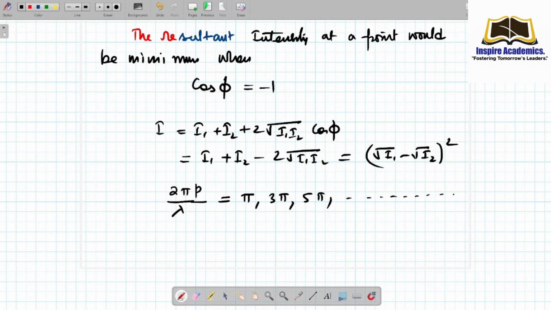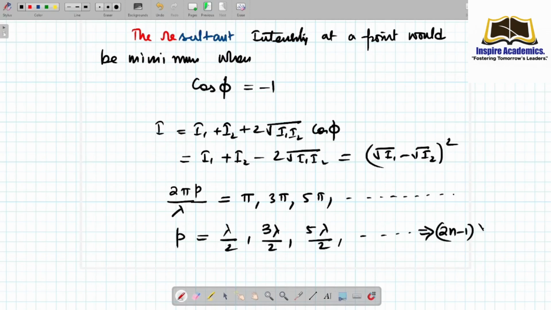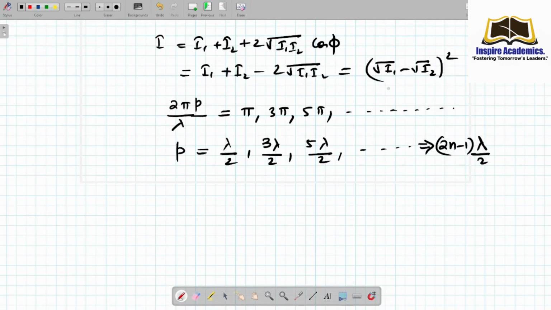So it is odd multiples of pi. So what is my value of P? P would be lambda by 2, 3 lambda by 2, 5 lambda by 2 and so on. And the general value will be (2n minus 1) lambda by 2. So this is when I will get my destructive interference.